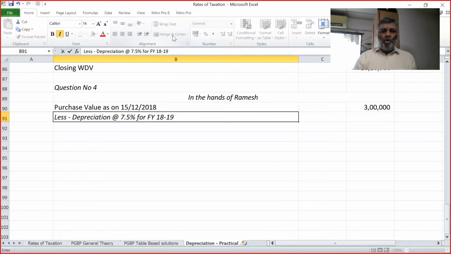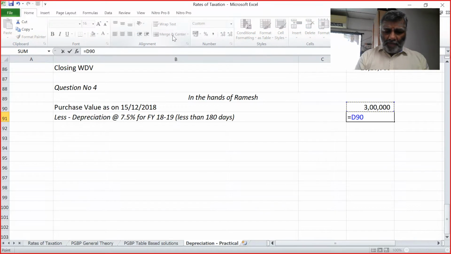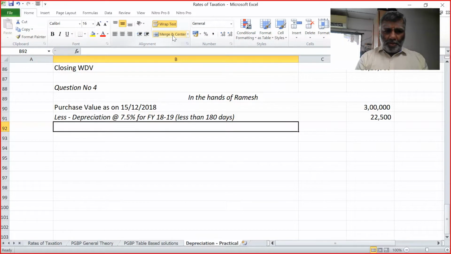We all know depreciation at the rate, because it is purchased in the month of December, less than 180 days, so we need to do half of the eligible depreciation. For a minute, we will ignore additional depreciation and all. In the classroom, we are yet to see though.